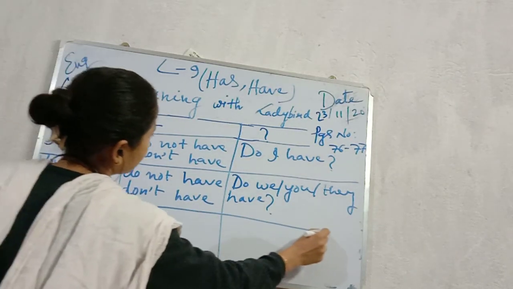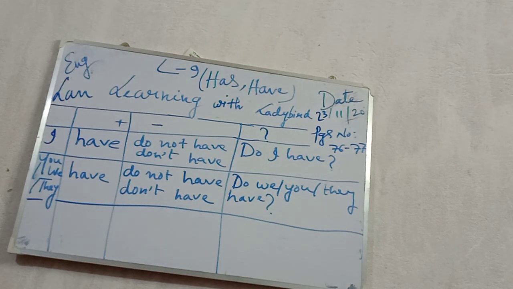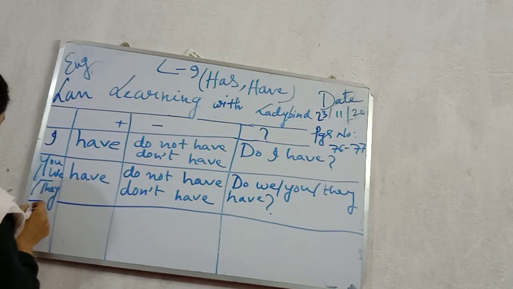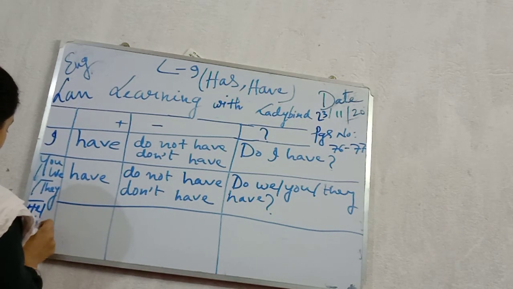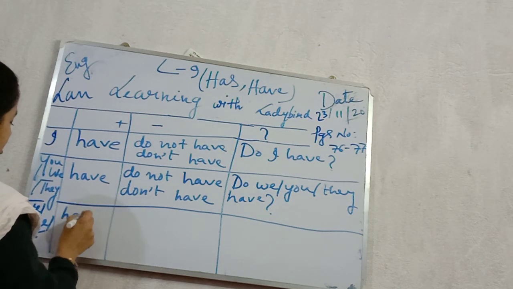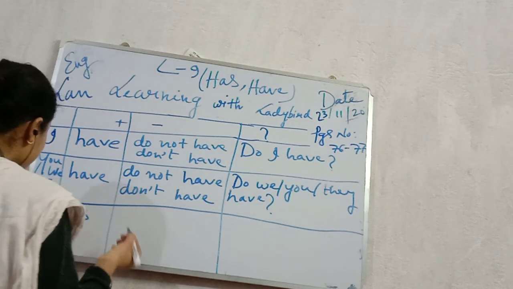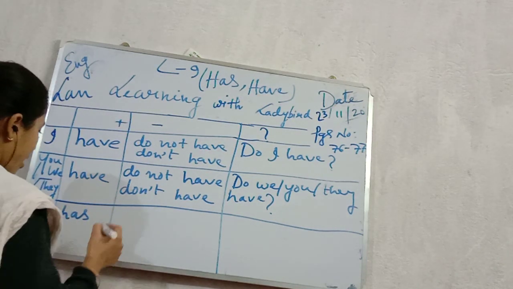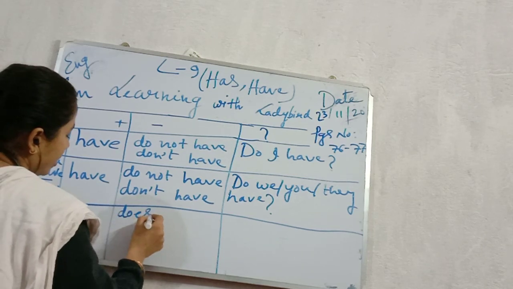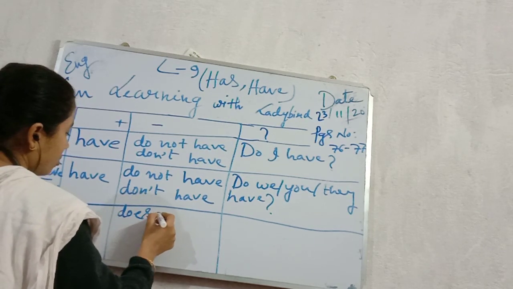Then he, she, and it. With such specific pronouns, we use has. He does not have. It doesn't have. For negativity, does not have.